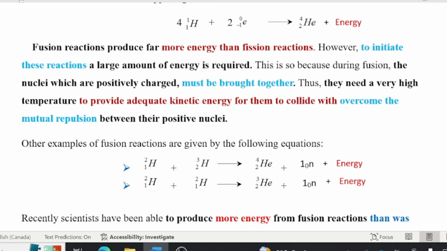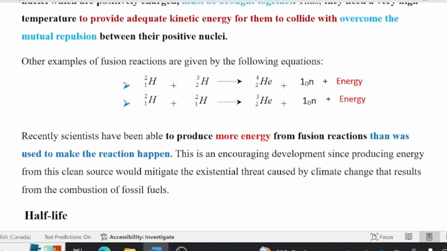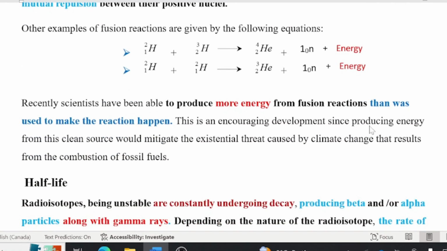Recently, scientists have been able to do that, and they found something very interesting. They found that the amount of energy that is used to create this reaction is less than what is produced. So this is a very encouraging sign.